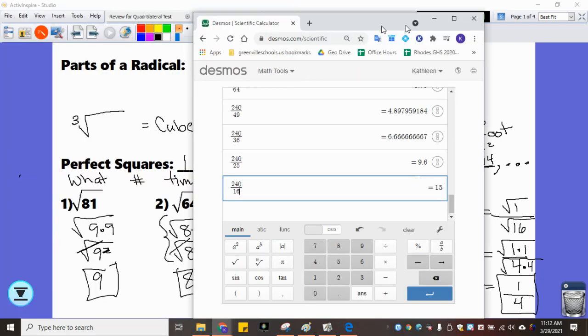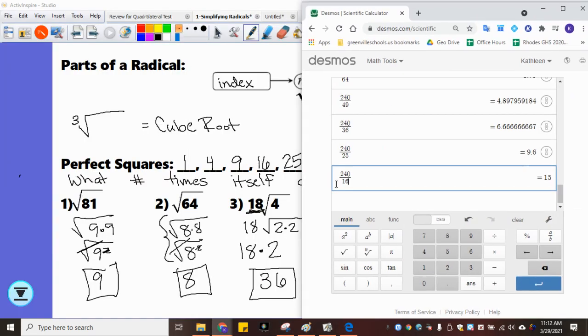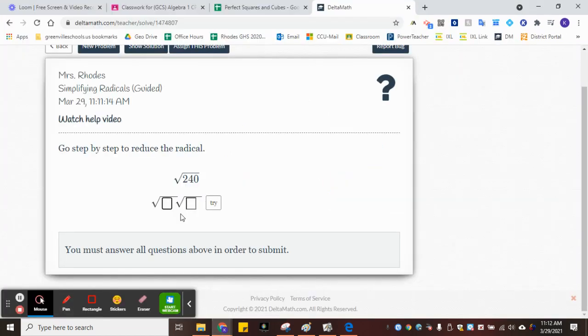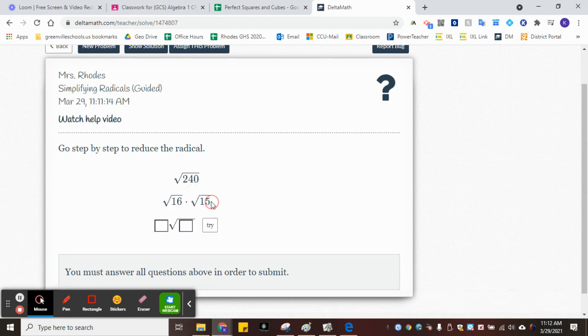Took me a while, but I got there. 240 divided by 16 gives me 15. So I did 240 divided by 16, and I got 15. And then I know my square root of 16 is 4.